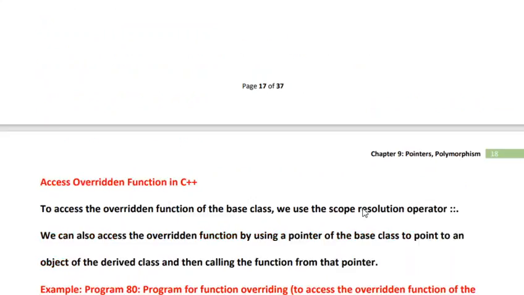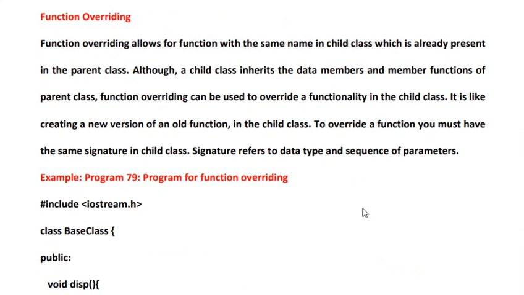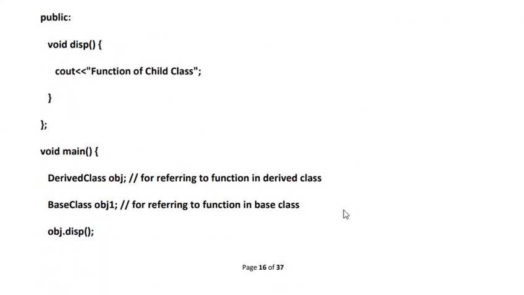So in today's class, we have learned what function overriding is. We have learned about the very purpose of function overriding, and that in order to ensure that overriding works, the signature should be the same in the child class. Signature here refers to the data type and the sequence of parameters. We tried to understand function overriding with the help of an example.